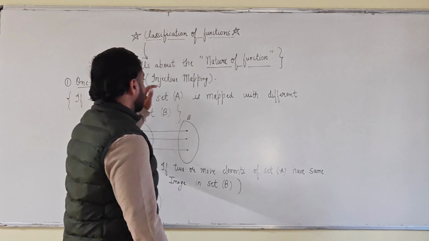So in the domain, the elements 3 and −5 both map to 0 in the codomain. This looks like a many-one function, not one-one. One-one says that different values of the domain are mapped to different values of the codomain, but here different values of the domain map to the same value in the codomain.